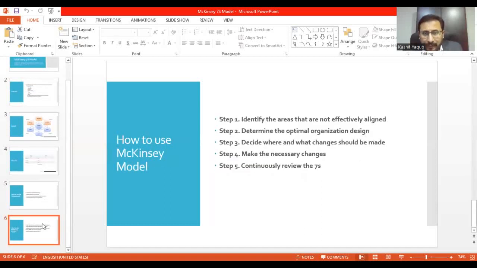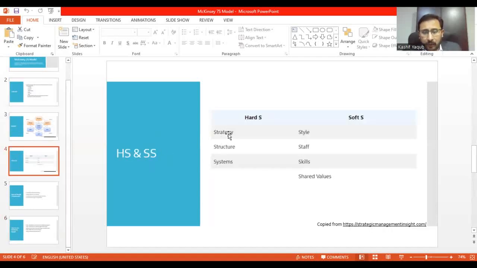About how to use the McKinsey model, we will have the next session, which will be uploaded on YouTube as well. So I would like to start talking about these seven factors one by one. So first of all, let's go to strategy.